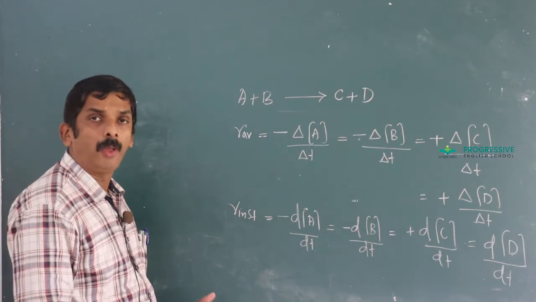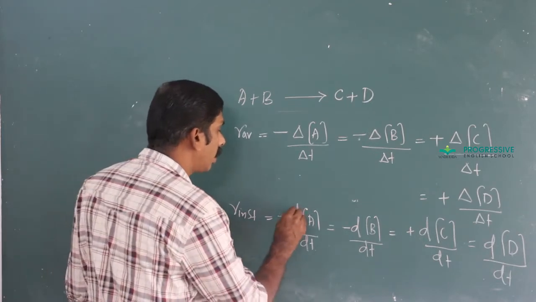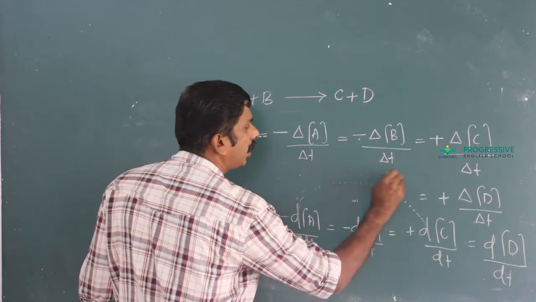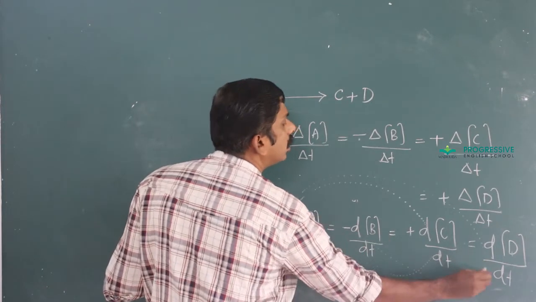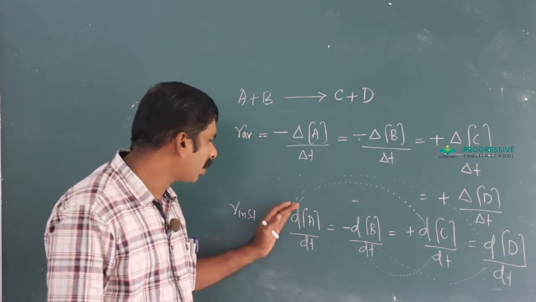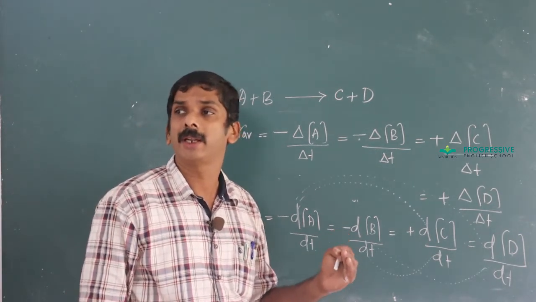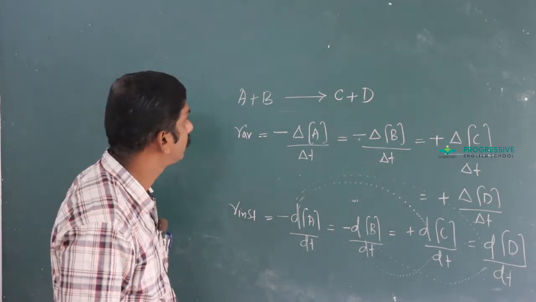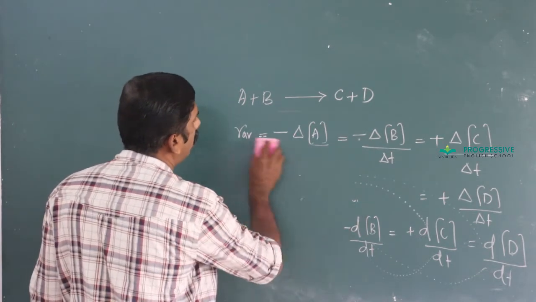That is, by writing this rate, we can say minus dA by dt equals dC by dt, or minus dA by dt equals dD by dt. Similarly, this is equal to this one, equal to this one. If we know the rate of disappearance, that is, the concentration of reactant decreases, it is called the rate of disappearance, which equals the rate of appearance. And this is the expression for instantaneous rate.